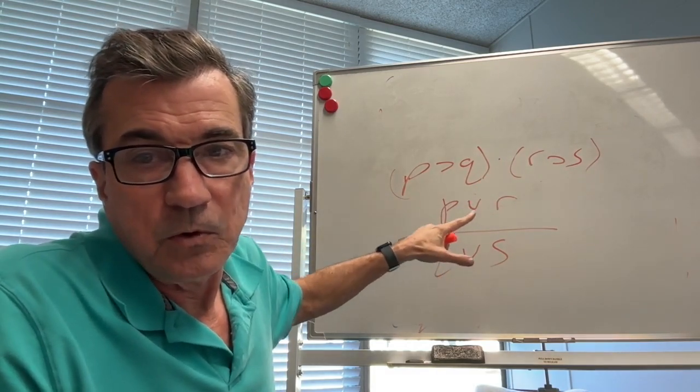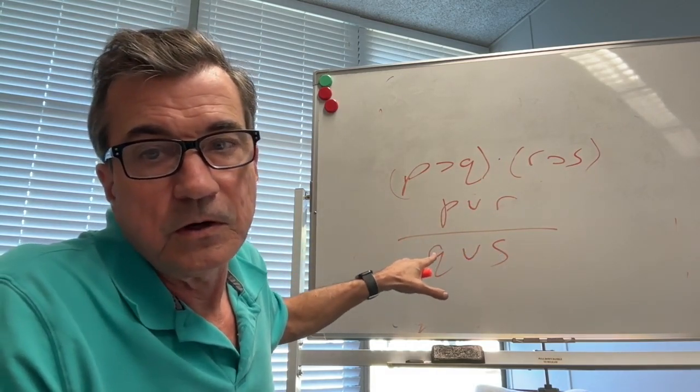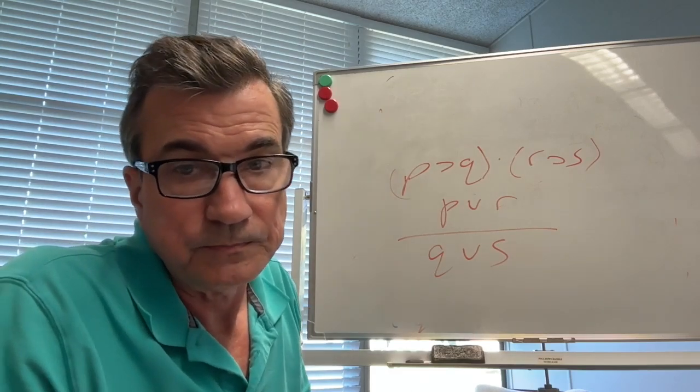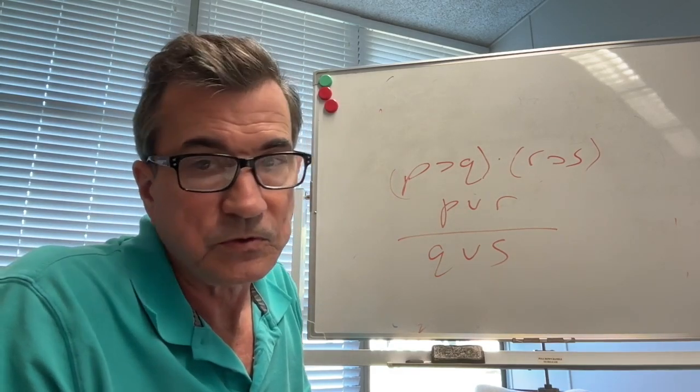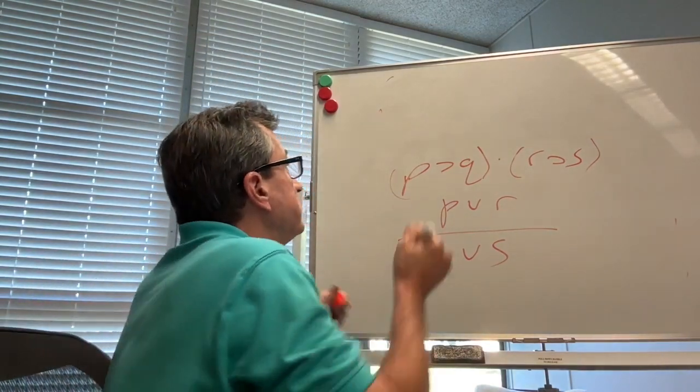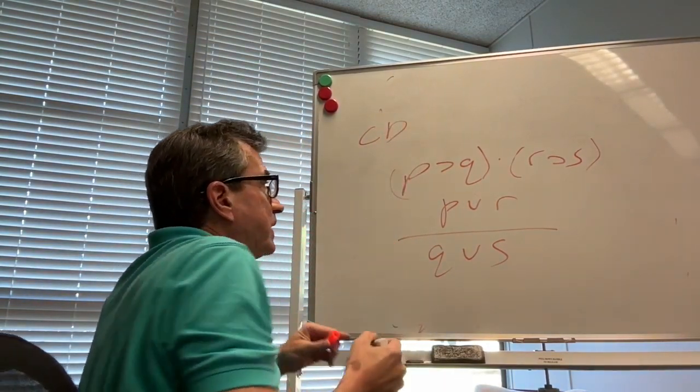Either a cat or a dog, therefore either fleas or a smelly house. So that's basically the constructive dilemma. That's CD.